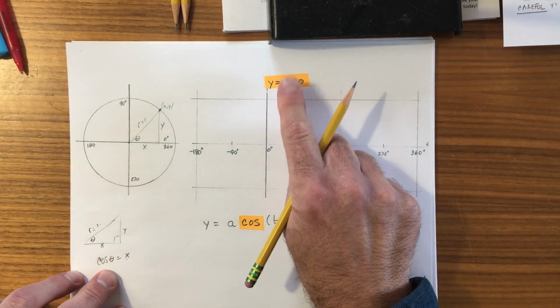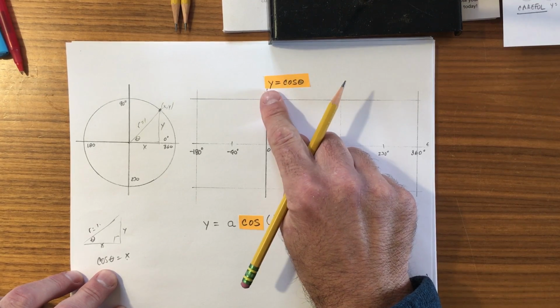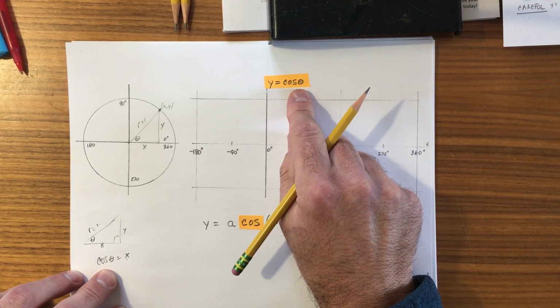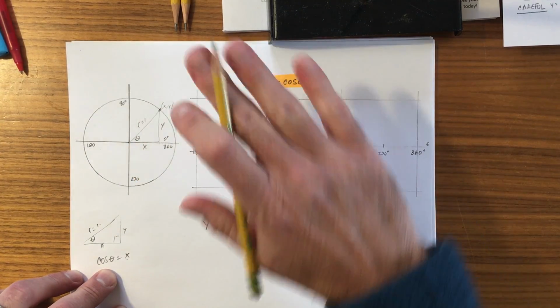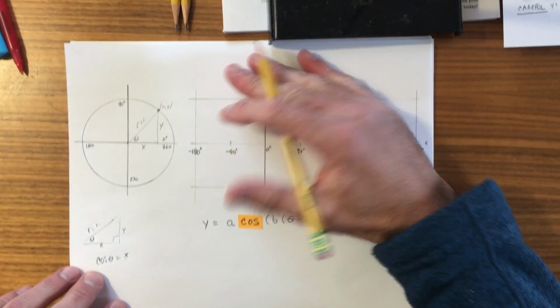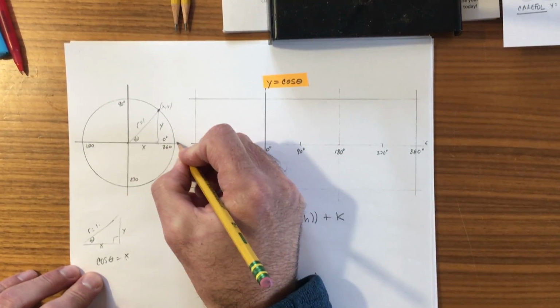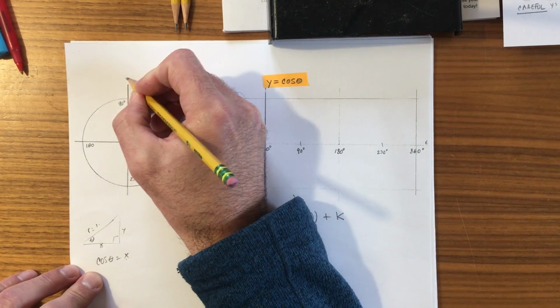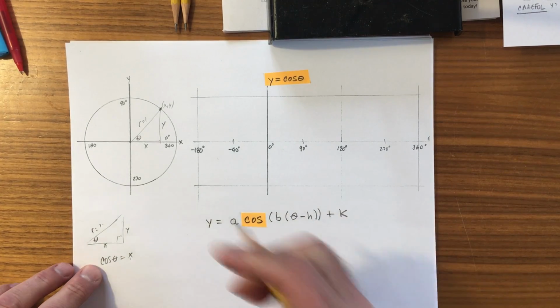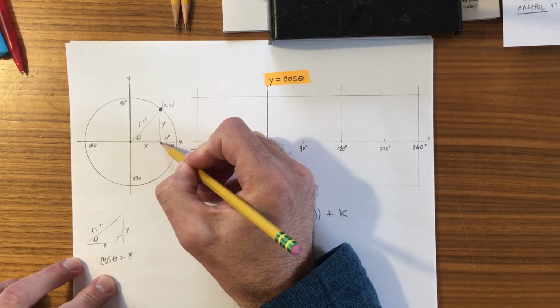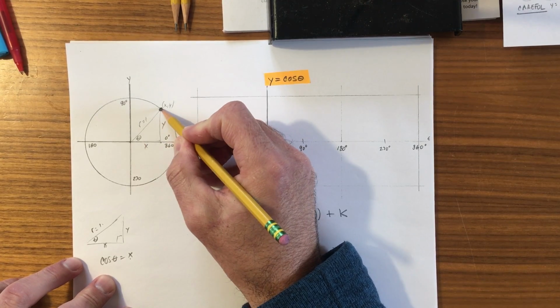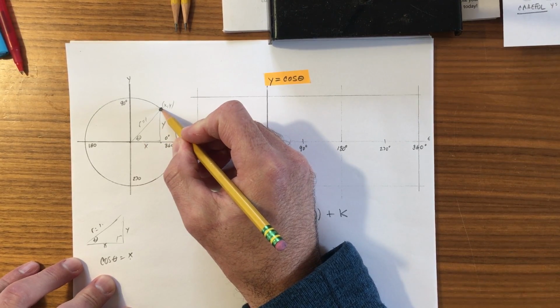Now I want you to notice up here how confusing this is. I have y equals cosine of x. Now here's what's going on. We have two different graphs going on here. This graph has an x coordinate here and a y coordinate there. And so any of these points have an x and a y value, okay?